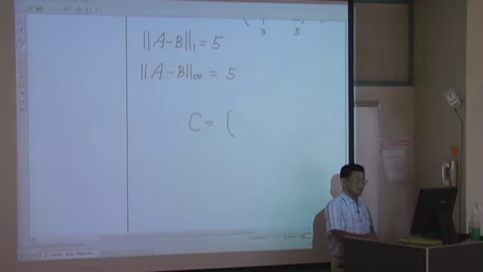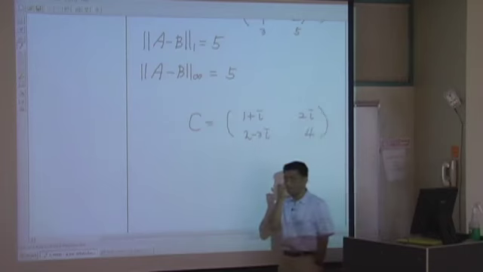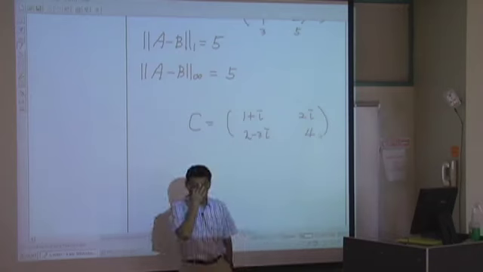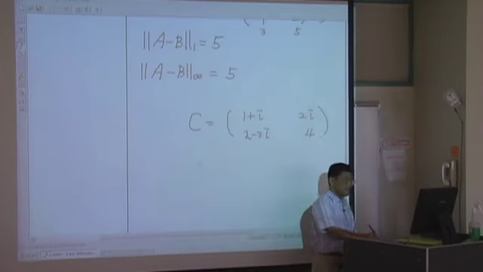The complex matrix C: 1 plus i, and then 2i, and then 2 minus 3i, and 4. This is the matrix C. Then we consider the transpose of this matrix.